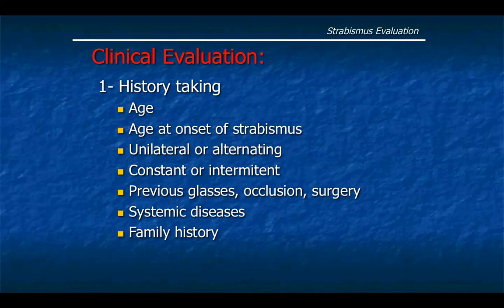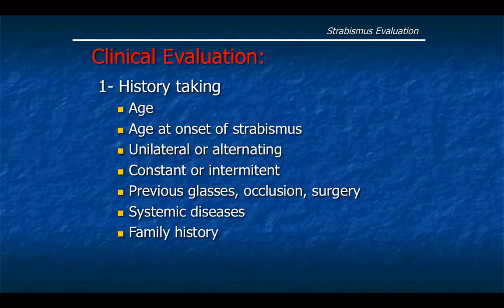We ask if the strabismus is unilateral, which means one eye is squinting all the time, or alternating. The patient sometimes squints with the right eye, sometimes squints with the left eye. If it's constant, present all the time, or intermittent, sometimes the patient has strabismus and sometimes his eyes are straight.